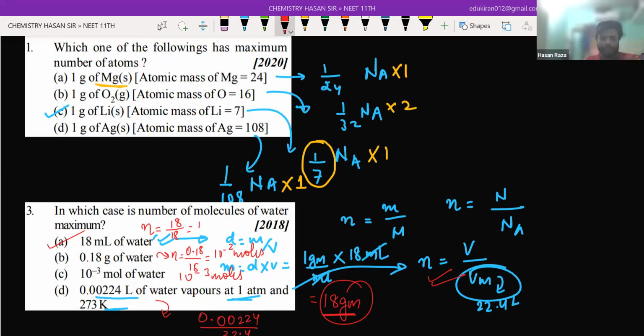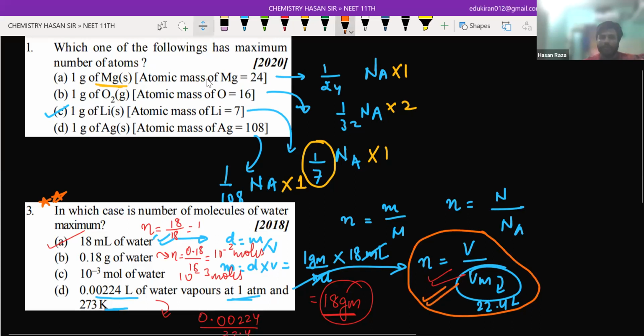Okay, the next question is again similar to this. So always keep this in mind. This is a very good question about the concept, how to use the formula of number of moles when volume is given.